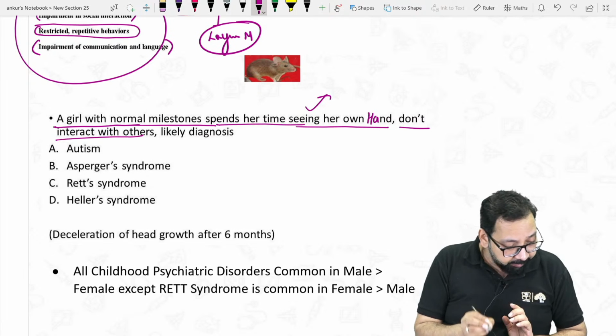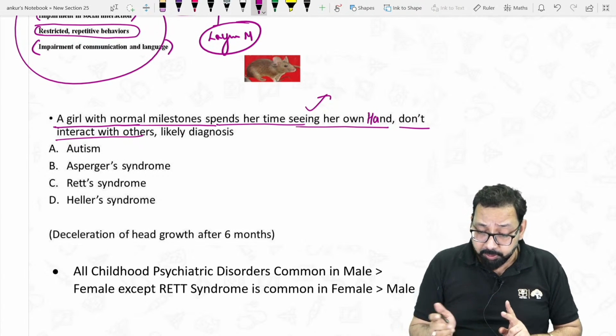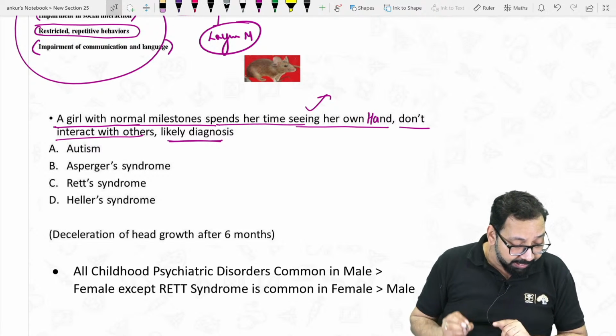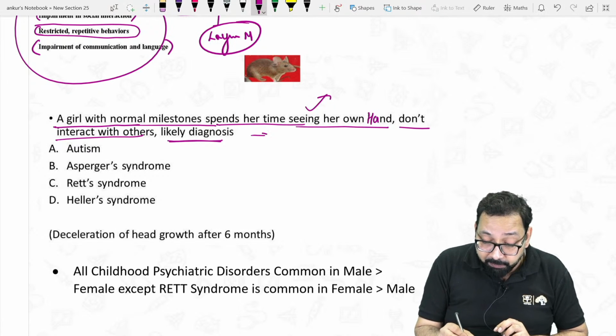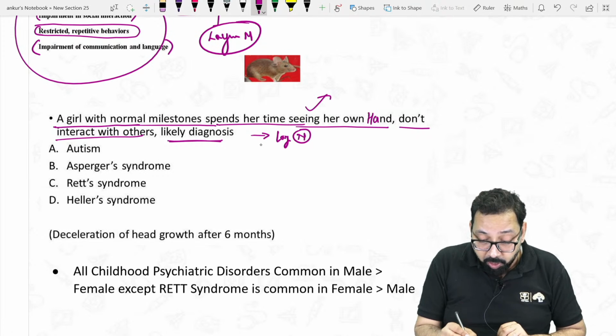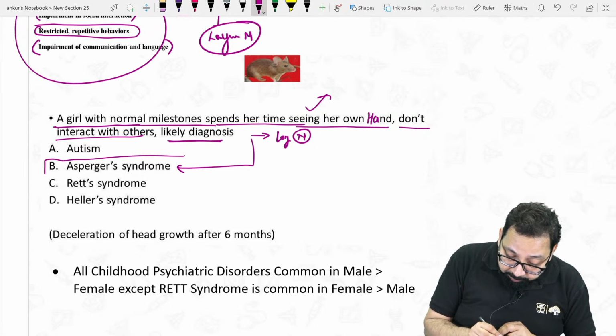Doesn't interact with others, no social interaction. Two points. They have not commented on language, so we will consider language as normal. Language is normal, so the answer would be Asperger syndrome.